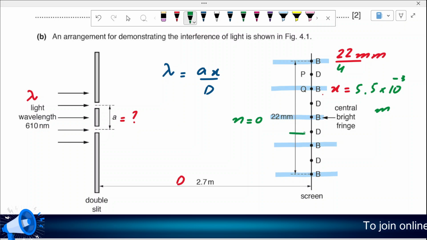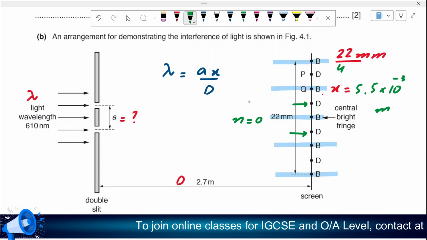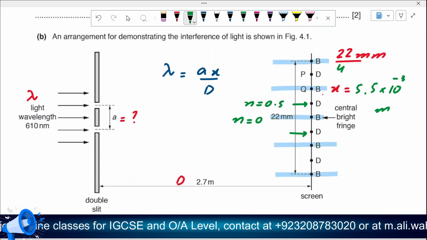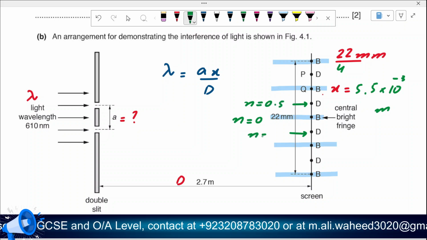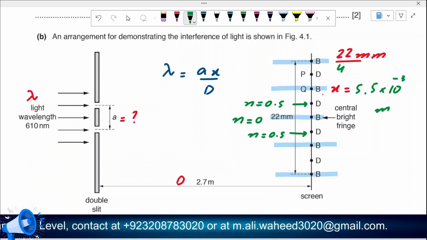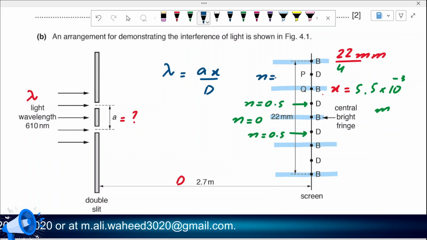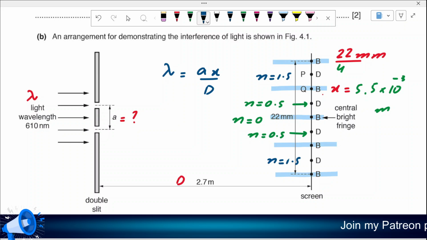These are the points where the first destructive interference takes place, at n equals to 0.5. The second destructive interference takes place at n equals to 1.5. The third destructive interference takes place at n equals to 2.5.